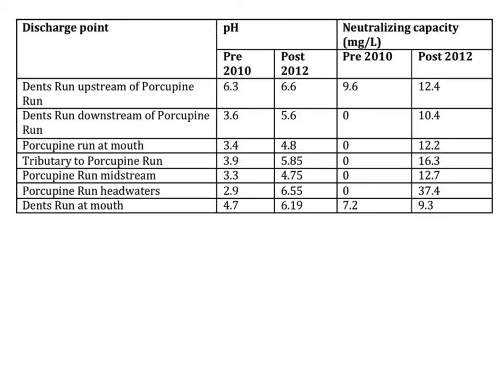We see prior to 2010, there was no neutralizing capacity present, so we had very low pH. After the neutralizing capacity was added to the Dents Run and Porcupine Run area, we had an increase of pH from 2.9 to 6.55 at several areas along the way. This region of 6.6 is tolerable for most fish species and decreases the amount of hazardous metals that leach into the stream.